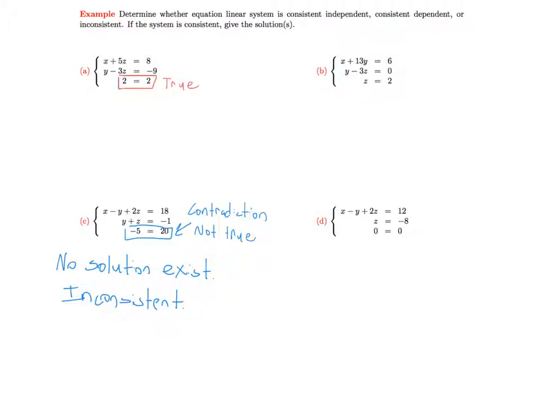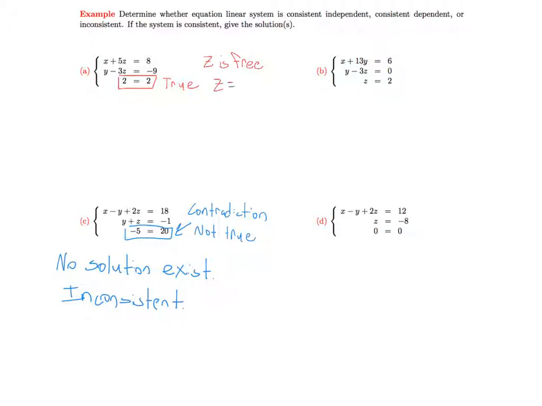So no matter what I use for x, y, and z, that last equation is going to hold. And looking at the rest of this system, we can see that there is no equation that has z as the leading variable.